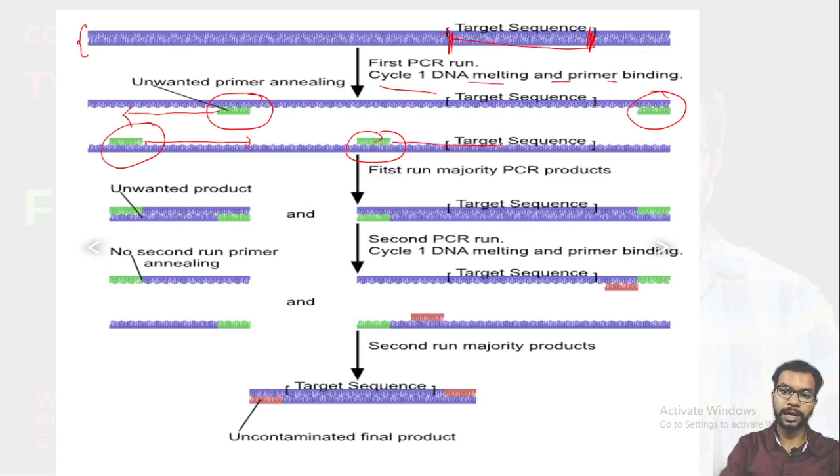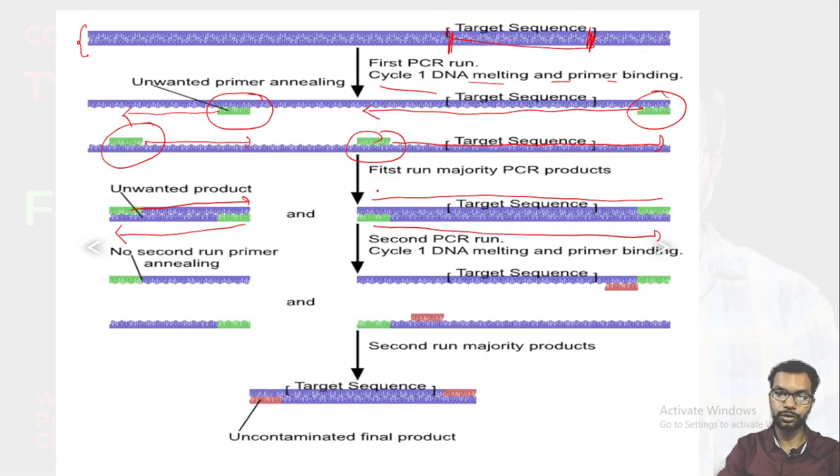See here, amplification has been done up to here and up to here. We do not need this, so it is cut out. The amplified product of the first set of primer includes our target sequence.